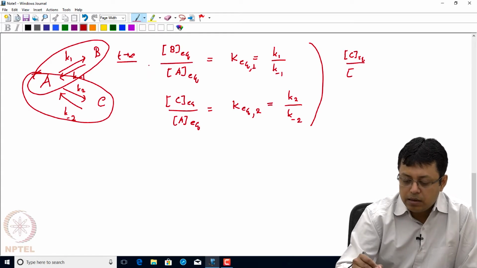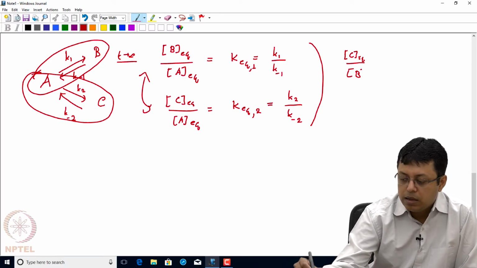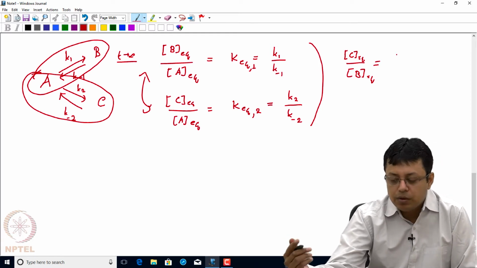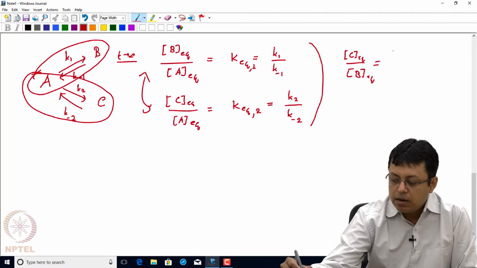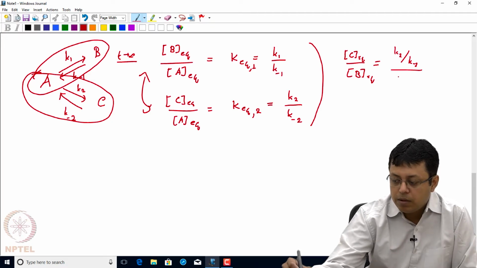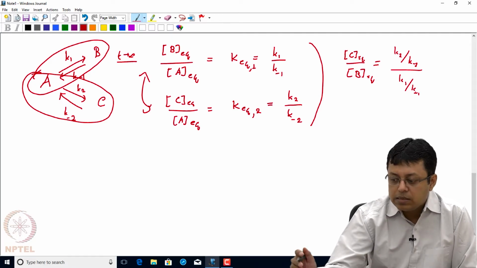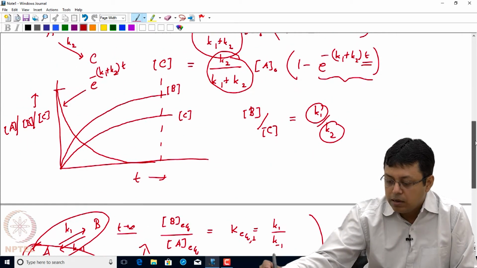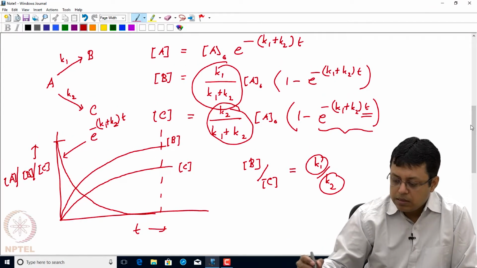We can just take the ratio using these two equations which we have written here, and then we'll find a beautiful thing, that it is basically the ratio of the equilibrium constants, which is nothing but K2 by K minus 2 divided by K1 by K minus 1. Now you see that it is not simply K2 by K1 as we just saw earlier, where we did not consider any reversibility.